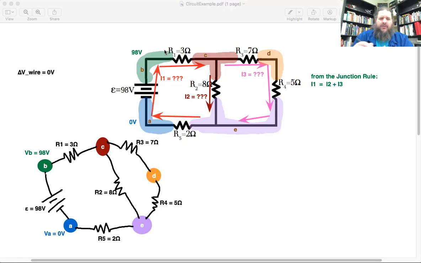So that means those two paths, the path through resistor 2 and the path through resistors 3 and 4 together, those two paths are in parallel with each other. In other words, they have to have the same delta voltage. The delta voltage across resistor 2 has to match the delta voltage across resistors 3 and 4 together.